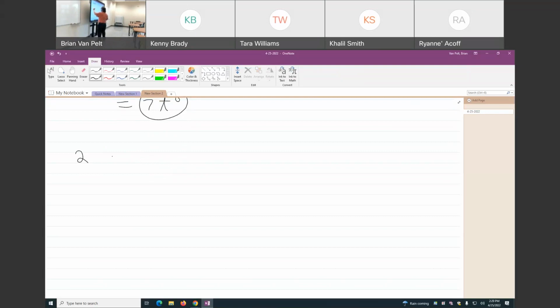Try this one. 2 by 2. Those are 1t to the 5th.